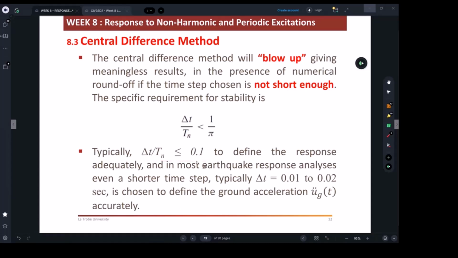Typically, if we have that ratio less than 0.1, then the response will be adequately calculated, because typically the time step can be set between these two figures.